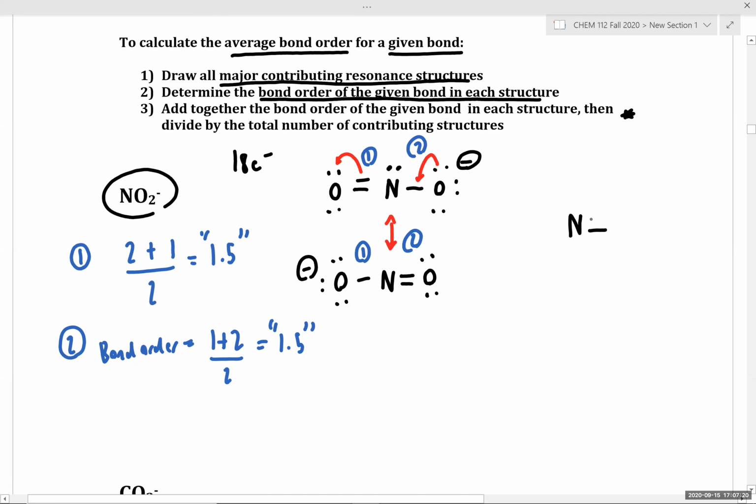What this is telling us is that we don't quite have a single or a double bond. Instead, we have a bond that is slightly stronger than a single bond, but weaker than a double bond. Does this idea make sense to everyone? Any questions on this idea?